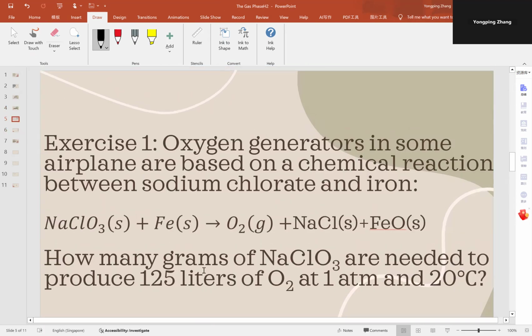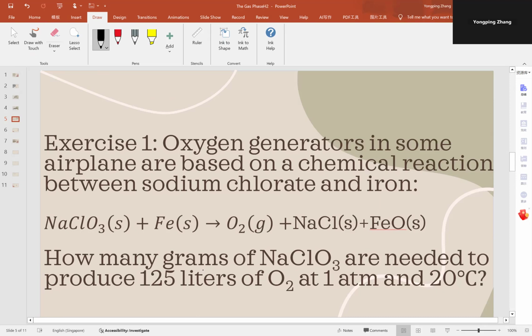Now we see the exercise. Oxygen generators in some airplanes are based on the chemical reaction between sodium chloride and iron. Sodium chloride and iron produce oxygen.